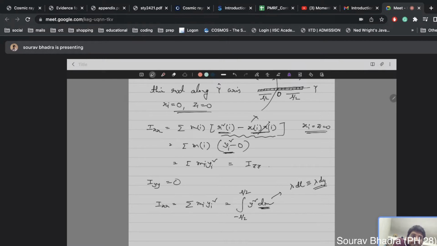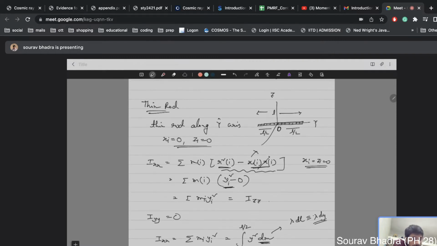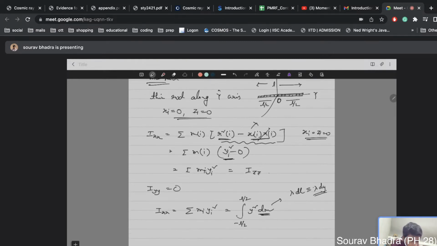We have considered a constant mass density lambda for the rod. That's why we can write the mass as density times the volume. As we are considering a 1D rod, the volume will be replaced by the length, so the small mass is lambda times dl.